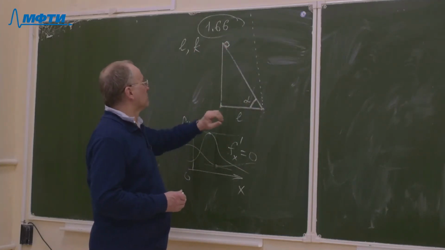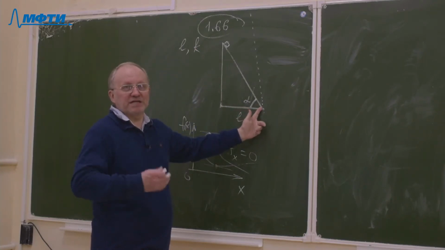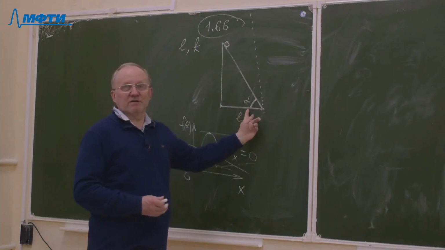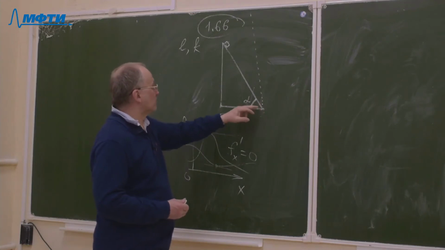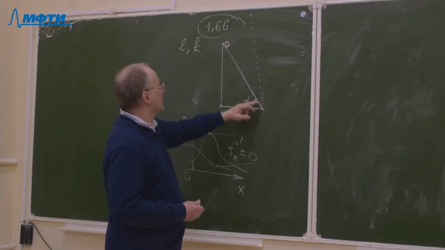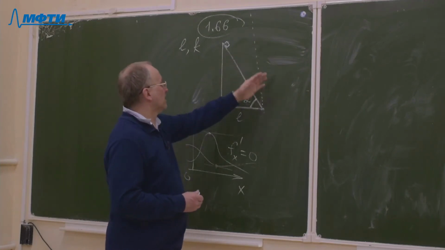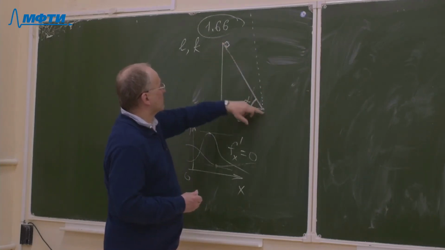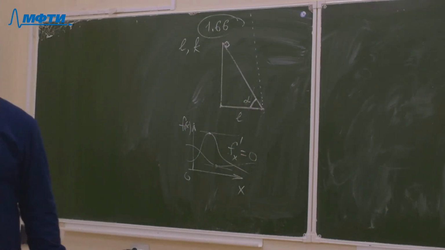So this is a very simple sketch, but you have to do it in order to understand fully why the time of sliding depends on angle alpha, and why the time of sliding will be large for small angles, and also it will be large for large angles. And so it's clear that there should be some angle in between for which the time of sliding will be the smallest possible among all other times.